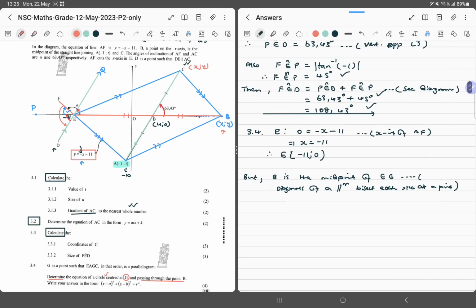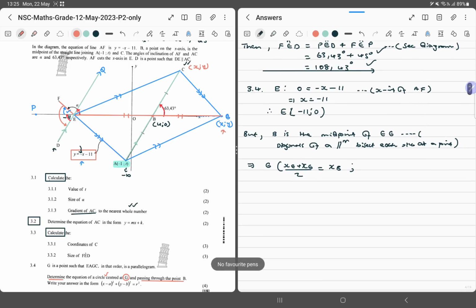And then what is the next step? This implies that G is in this manner: x at E plus x at G over 2 is equal to x at B, its midpoint.